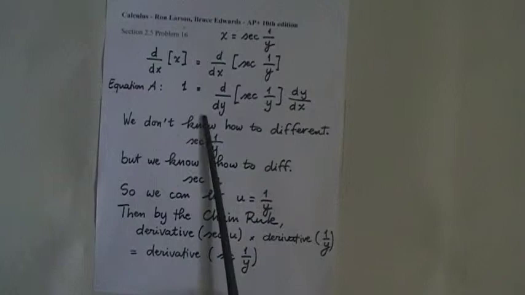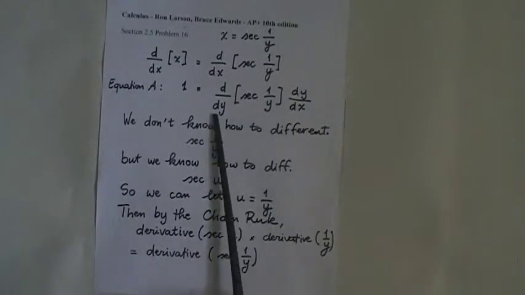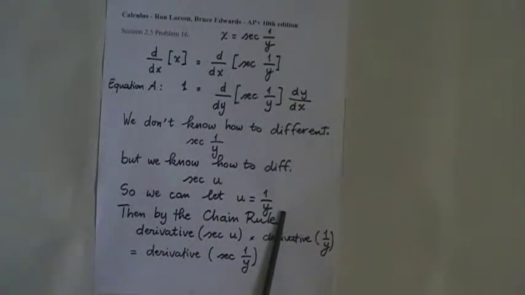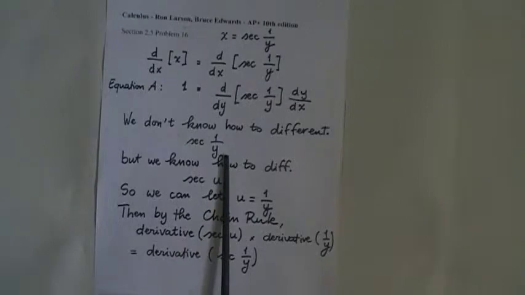Well, we don't really know how to differentiate secant of 1 over y, but we do know how to differentiate a simpler expression, secant of u. So if we let u equal 1 over y, we can apply the chain rule and differentiate this expression.